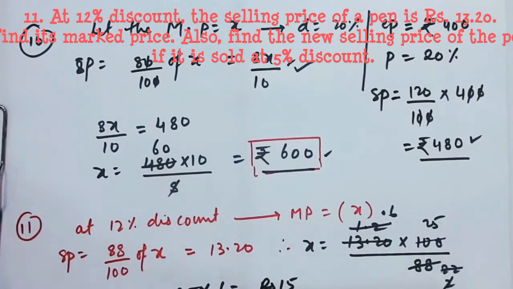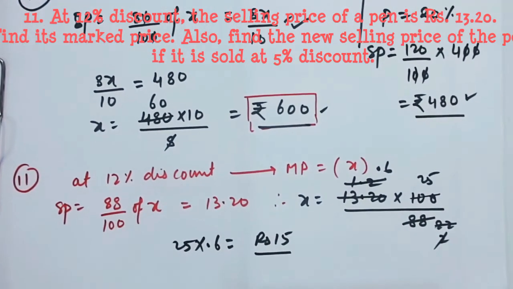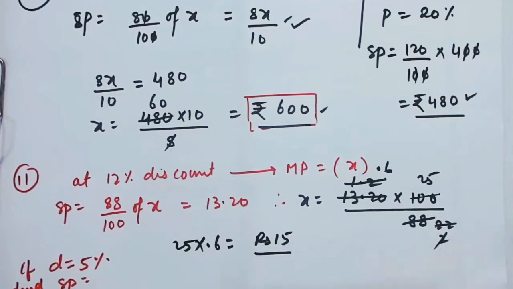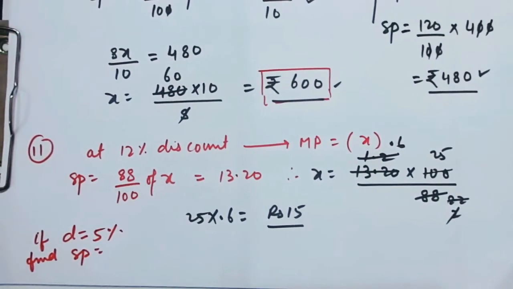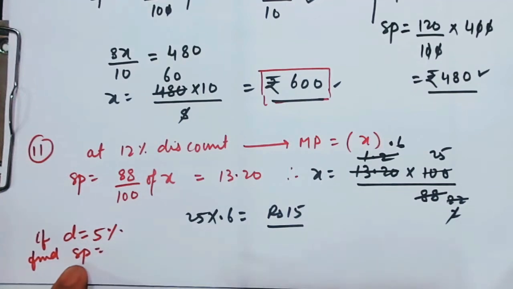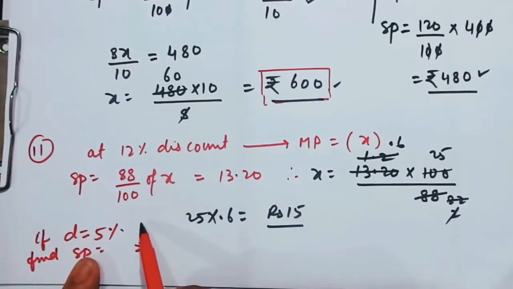Now the second part says: also find the new selling price of the pen if it is sold at 5% discount. So when 5% discount is given, what will be the selling price? The 5% discount is given on the mark price.